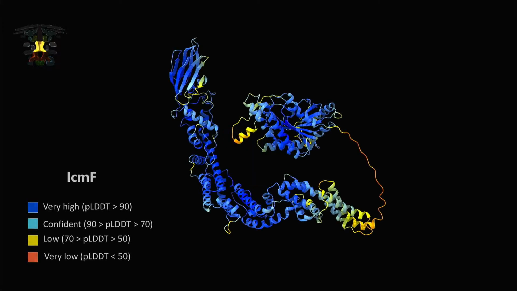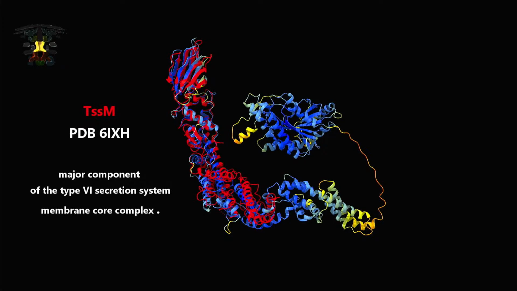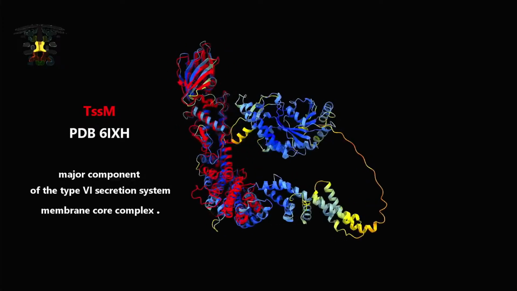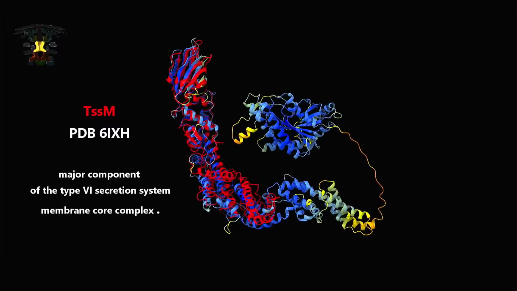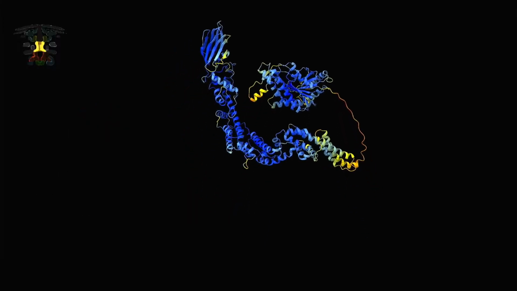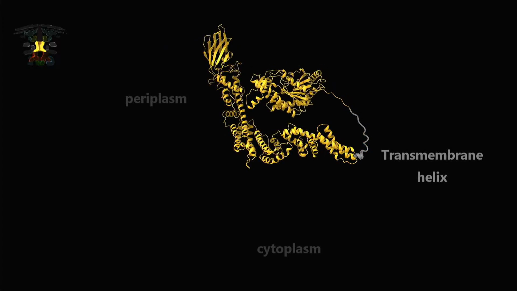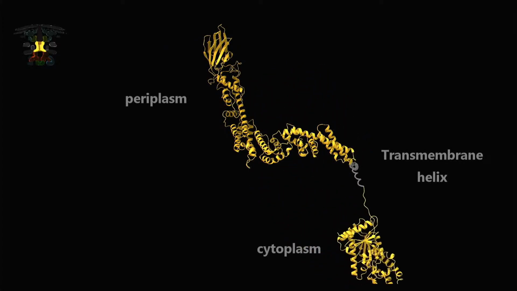The main channel part we discovered is this protein called ICMF, and it's a structural homologue of a protein TSSM, which comes from the type 6 secretion system, and I'll say more about that. But that was quite a surprise to discover that ICMX forms the channel.